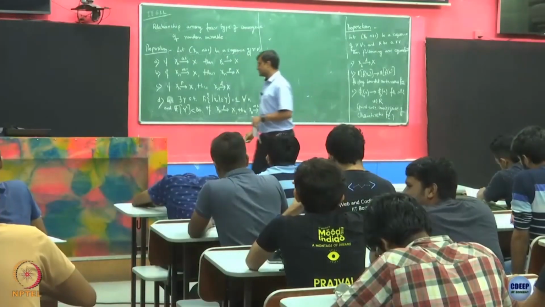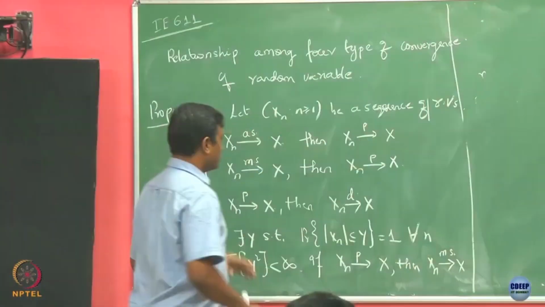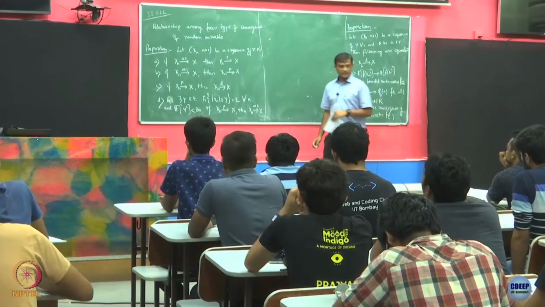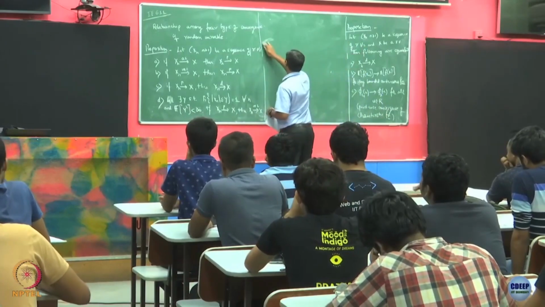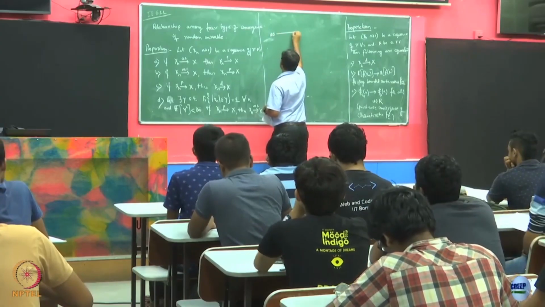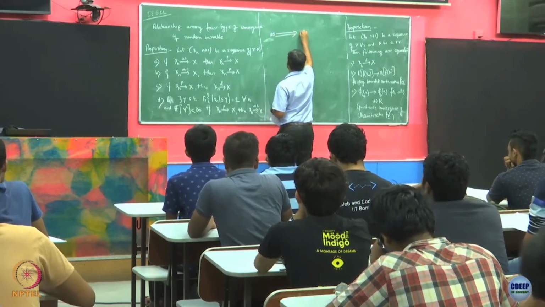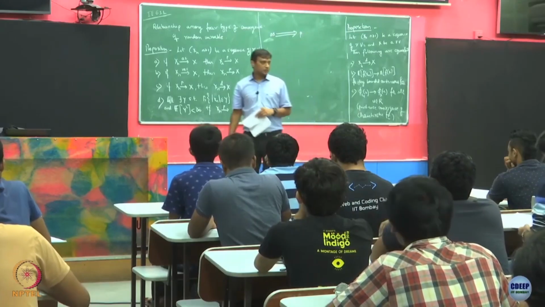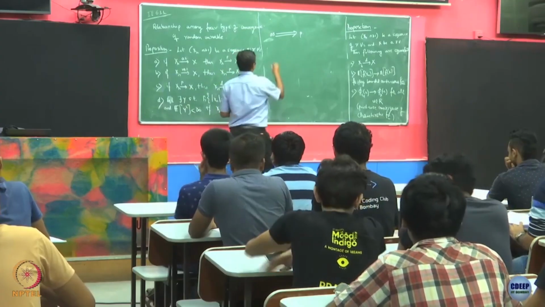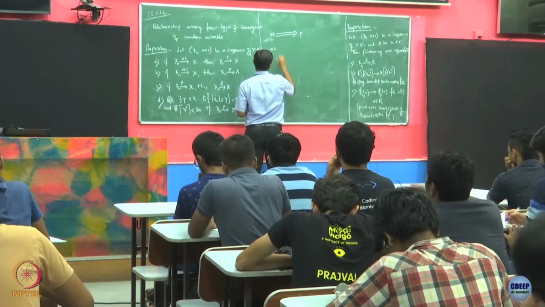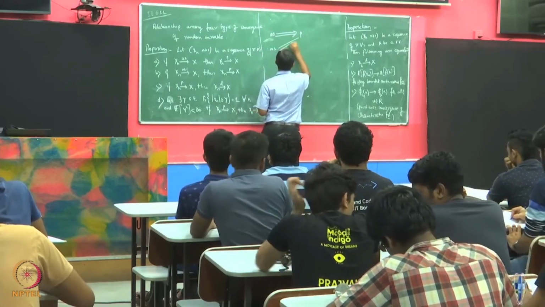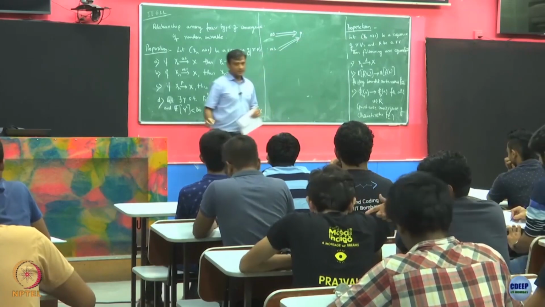So what this result says is, suppose I have a sequence of random variables that converges in almost sure sense, then that implies that it converges in probability also. The second point says that if I have a sequence of random variables that converges in mean squared sense, then that also means that it converges in probability.